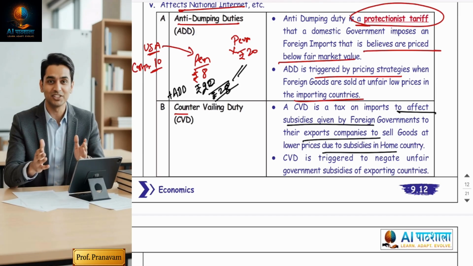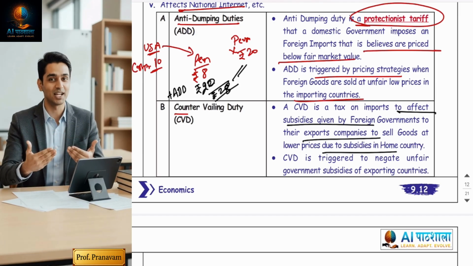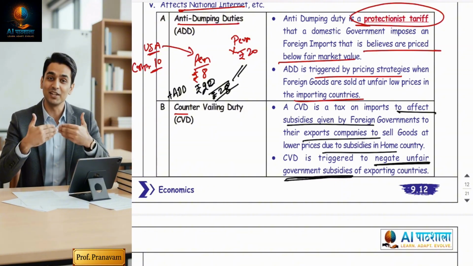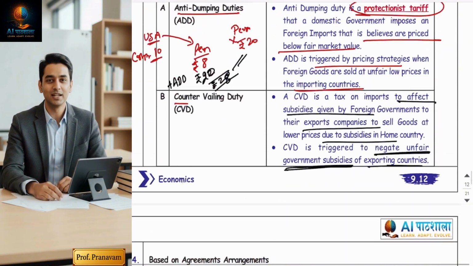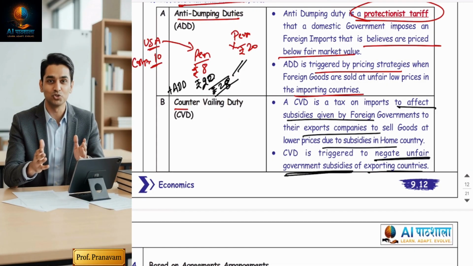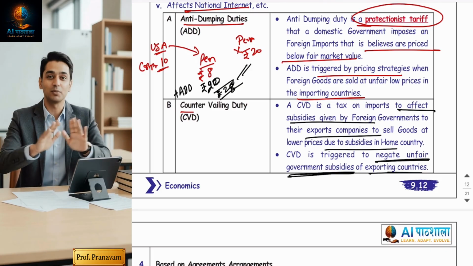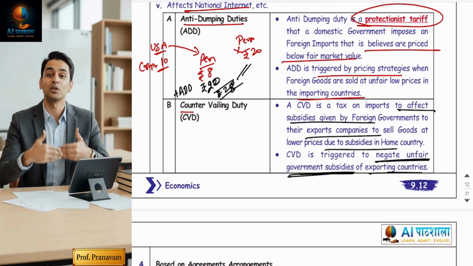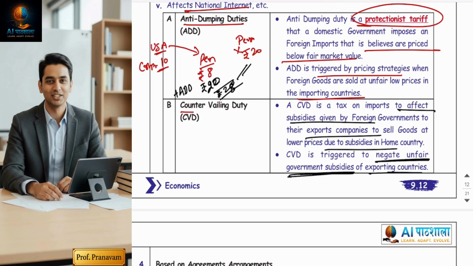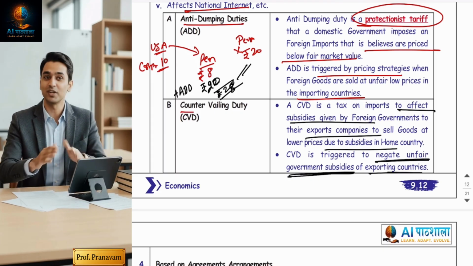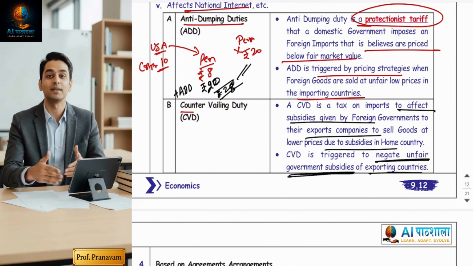This is the most important part: neutralize the subsidies. CVD is triggered to negate unfair government subsidies of exporting countries. Now, what does this mean? Listen. Here, the company doesn't want to sell below cost price, but the foreign government compels or convinces the foreign companies to sell in India at the lowest price.